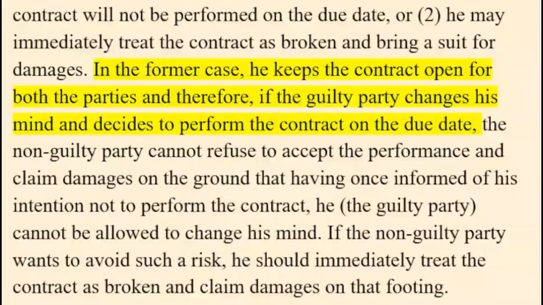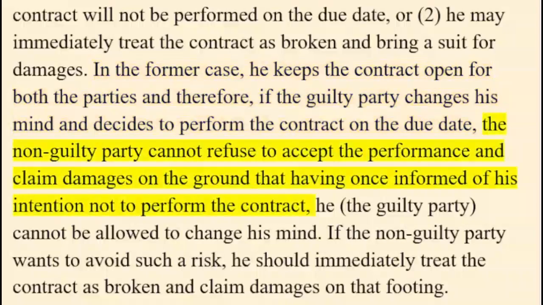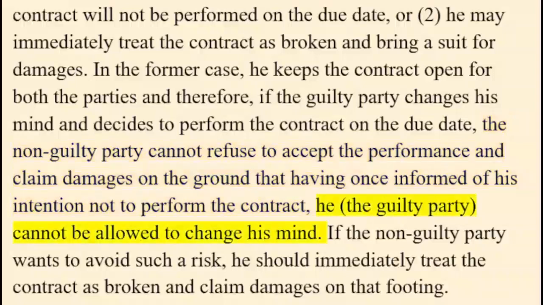In the former case, he keeps the contract open for both the parties and therefore, if the guilty party changes his mind and decides to perform the contract on the due date, the non-guilty party cannot refuse to accept the performance and claim damages on the ground that, having once informed of his intention not to perform the contract, the guilty party cannot be allowed to change his mind.